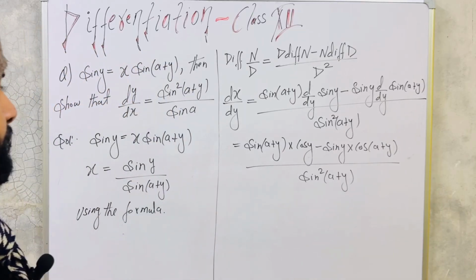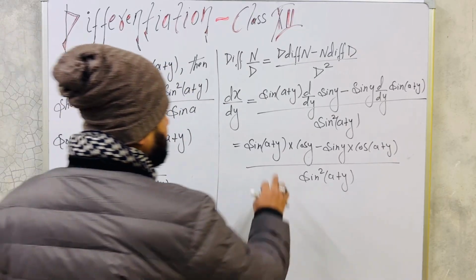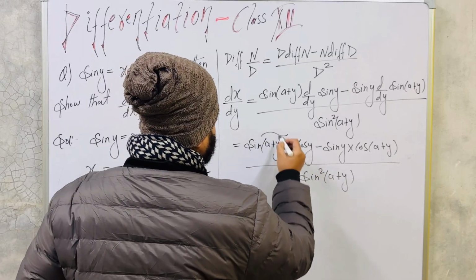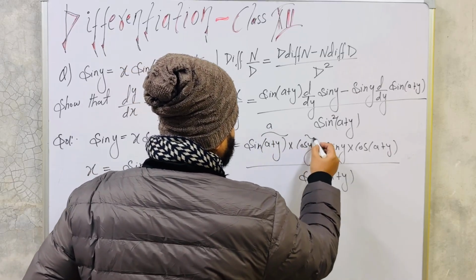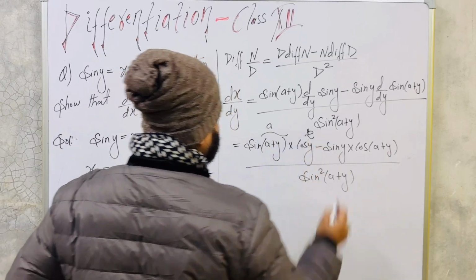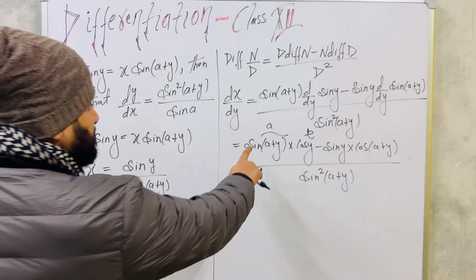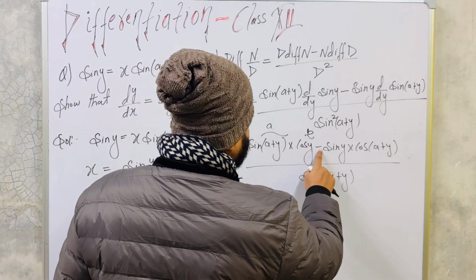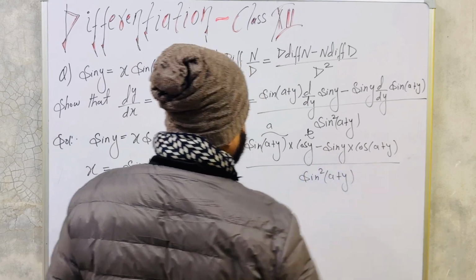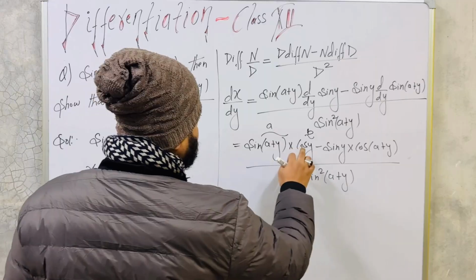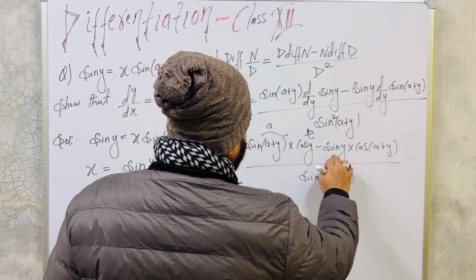Now let a plus y be a and y be b. This is the formula of sin of a minus b, that is sin a cos b minus cos a sin b.